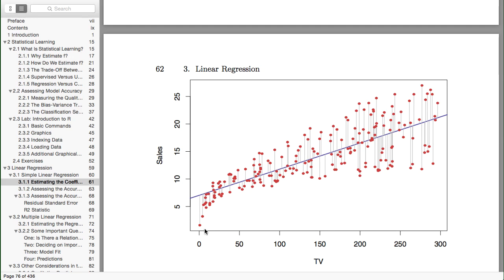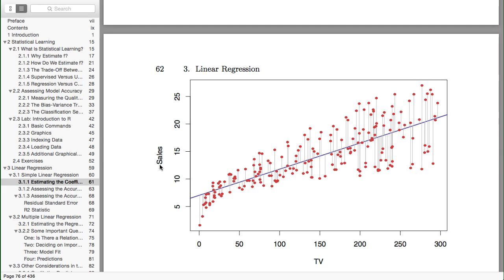What we would like to do is find a line that intercepts this cloud of points, that relates this to this. We want to find the line that is the best representation of the relationship of the input to the output.